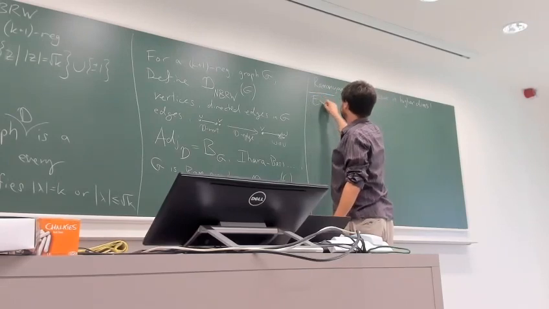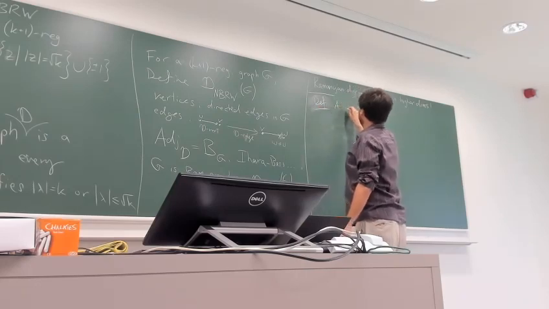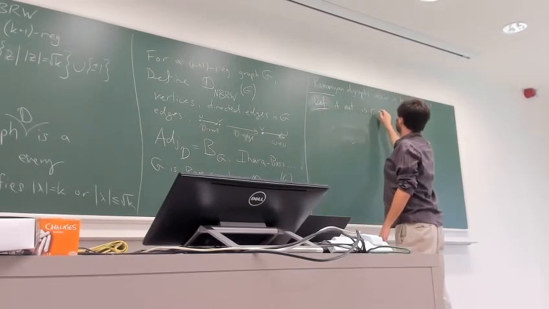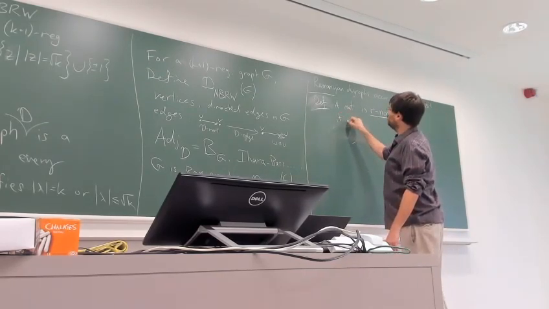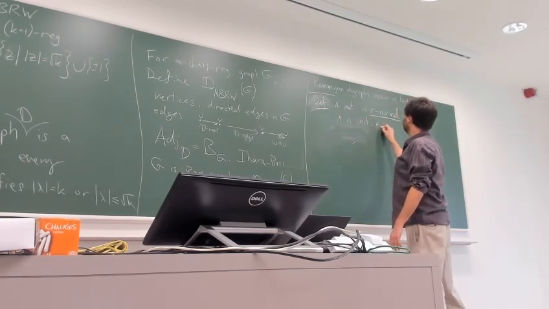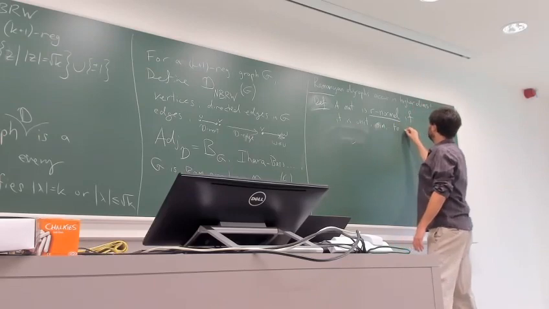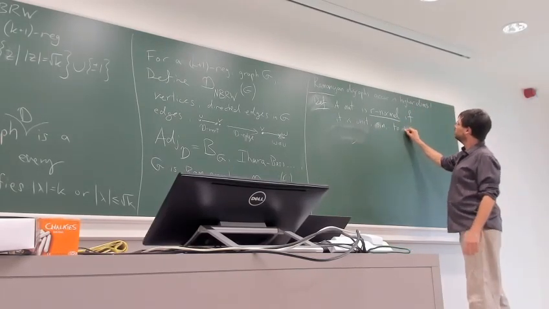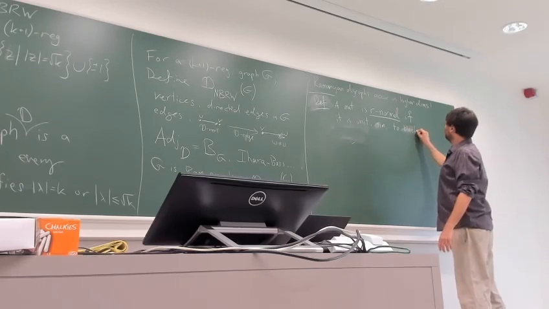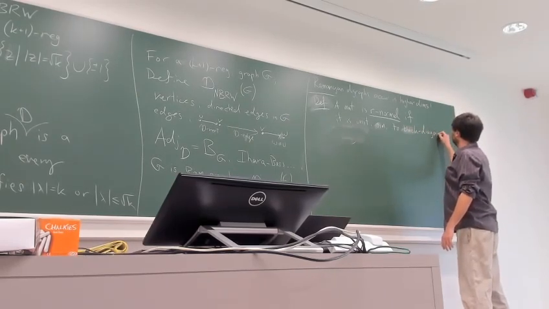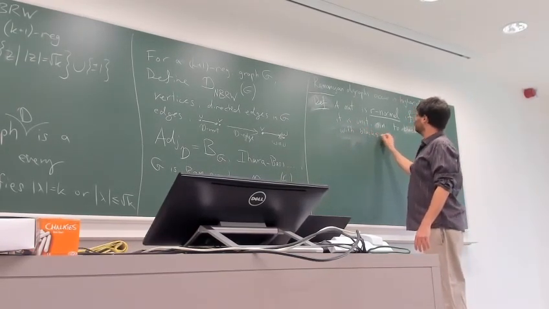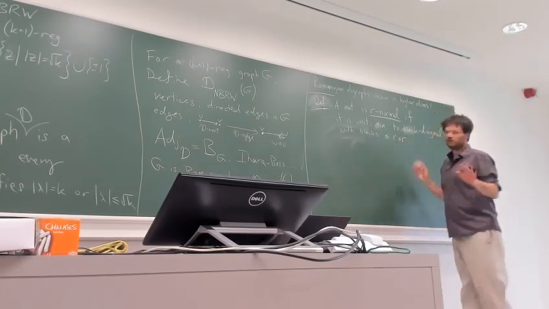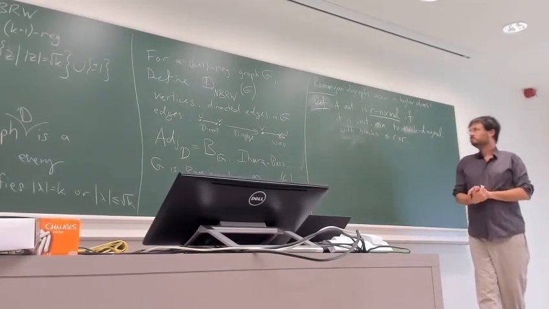So here is really an exercise now, or let's start with the definition. A matrix is R-normal if it is unitarily equivalent to a block diagonal matrix with blocks of size at most R by R. They can be small if you need them to be.